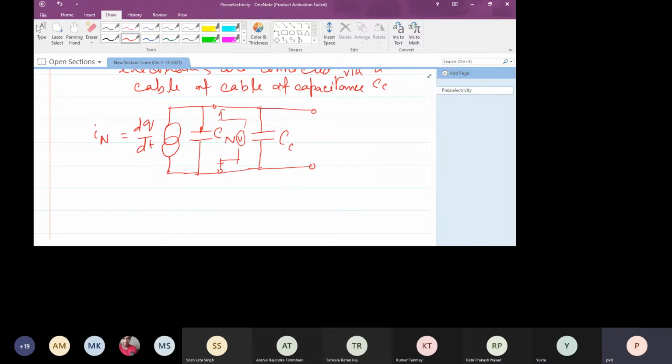However, in measurement, what will happen? Generally there will be connecting wires, and to reduce the effect of noise, usually it is connected through a cable, and this is also done to reduce the effect of stray capacitance.